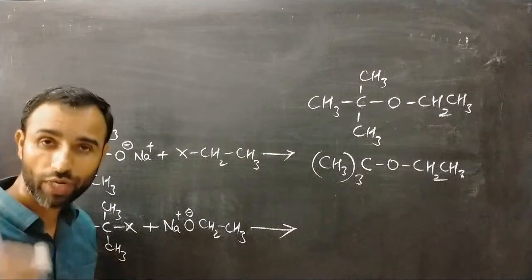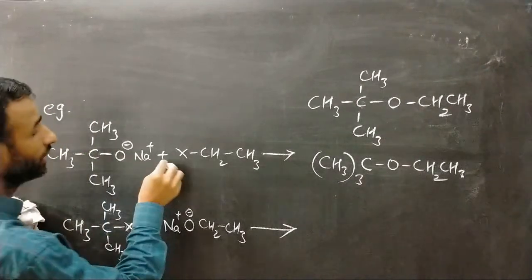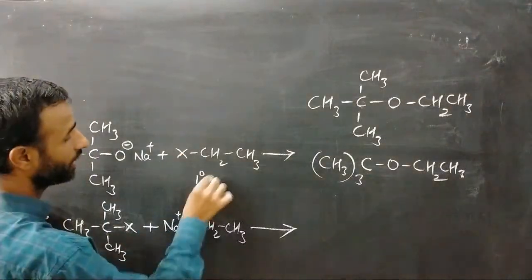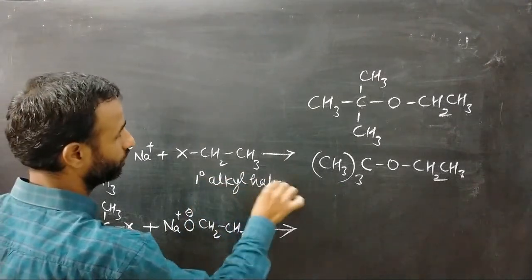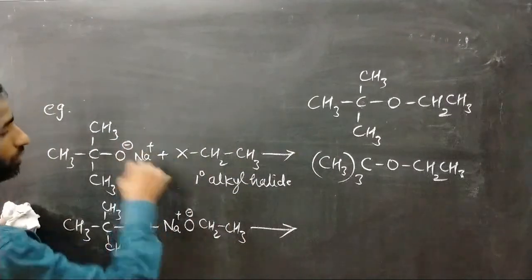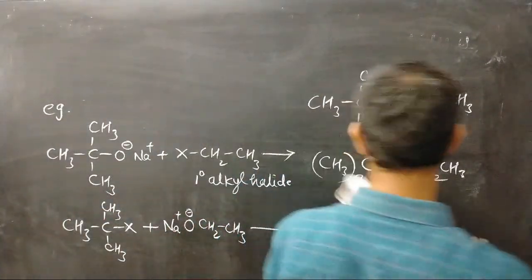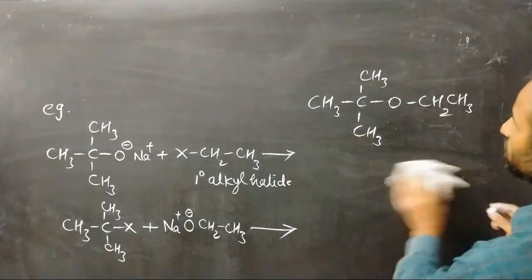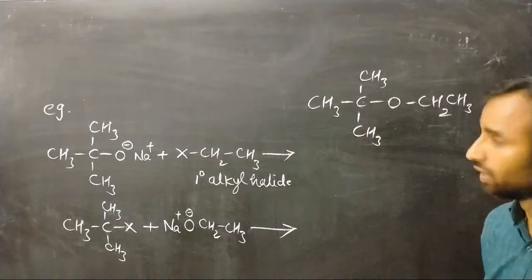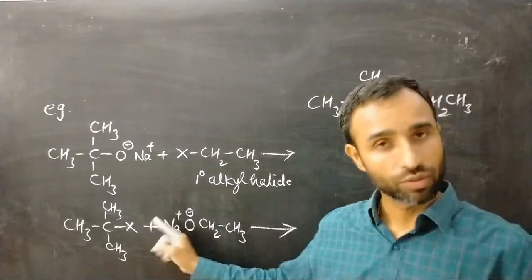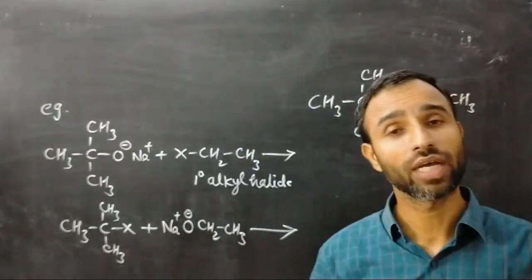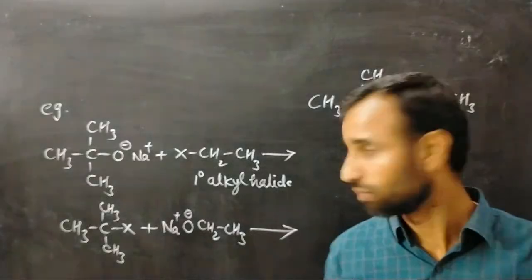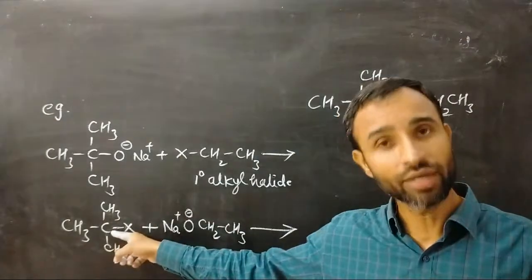Very good. The first one is much better, because here the alkyl halide is primary. So the simple product formed is this one. But if we use this, then it will not act as a nucleophile, it acts as a base because of the sterically hindered carbon.